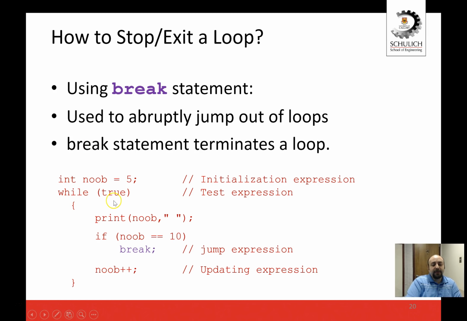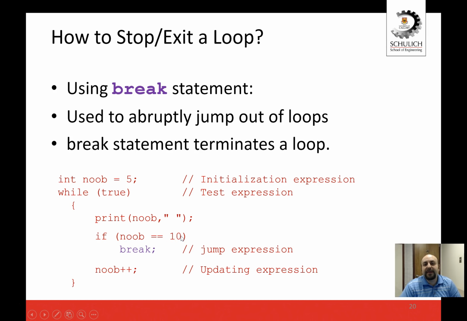So I have while true, so right away it's an infinite loop, but I'm saying print noob, which is what I've declared on top, and then I say if noob equals 10, break. And I'm increasing noob every step of the way. So it's kind of like taking a condition from up here and actually having your condition over here.